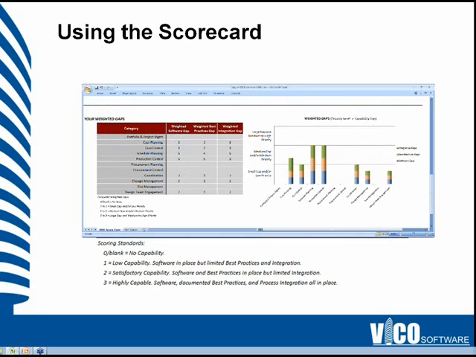So there's a medium gap and medium priority between what I currently have in place and what would be possible if I would have an improved set of best practices, maybe a better product, and most likely more integration.